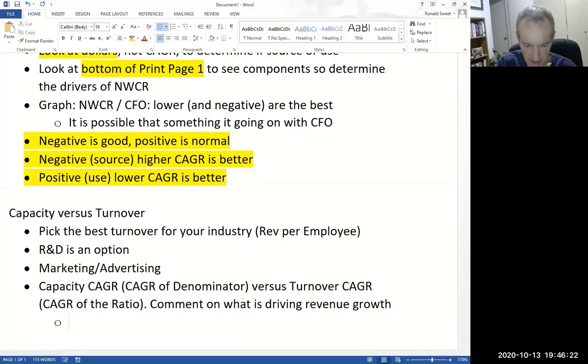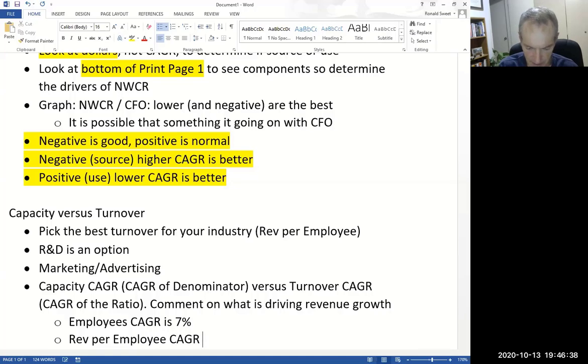Now be careful. Let's say your employees' CAGR is 4%, or let's go higher than that, is 7%, but your revenue per employee CAGR is 5%.